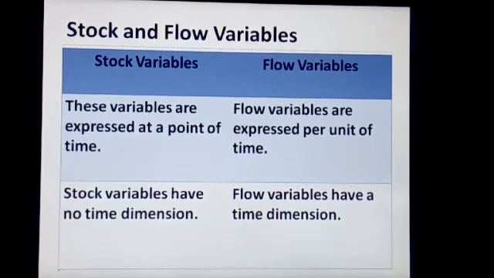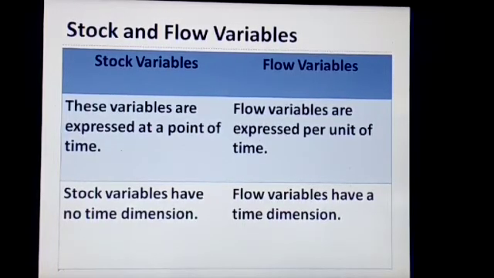I am expressing the wealth at a particular point of time, 1st January 2018. So it is a stock concept. Stock is something that is expressed or shown at a point of time.